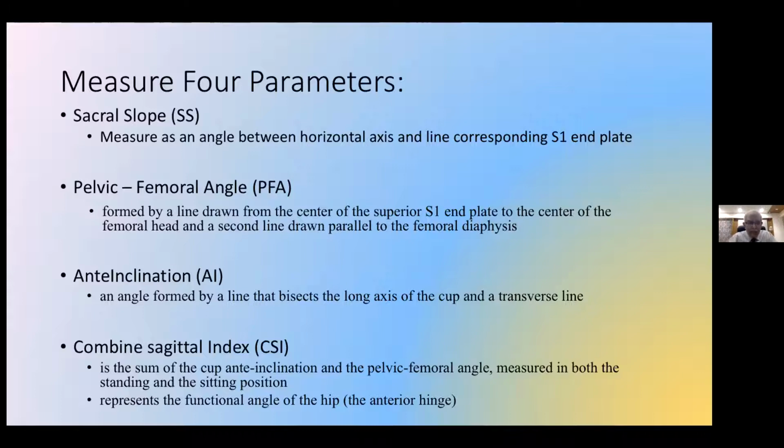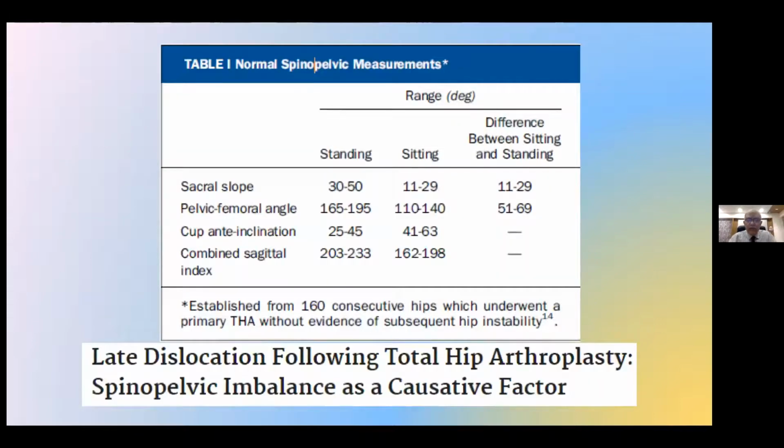And there are different measures. I don't want to go into the technical details of that, but like sacral slope, pelvifemoral angle, anti-inclination, and combined sagittal index, which are not very difficult. You can measure this in routine practice, and with this, you can find out what is the standing and sitting combined sagittal index range.